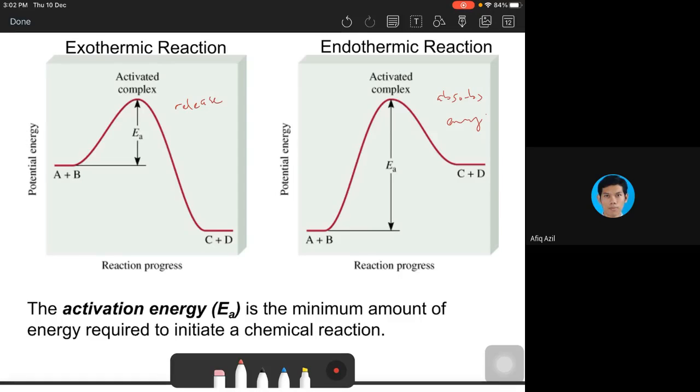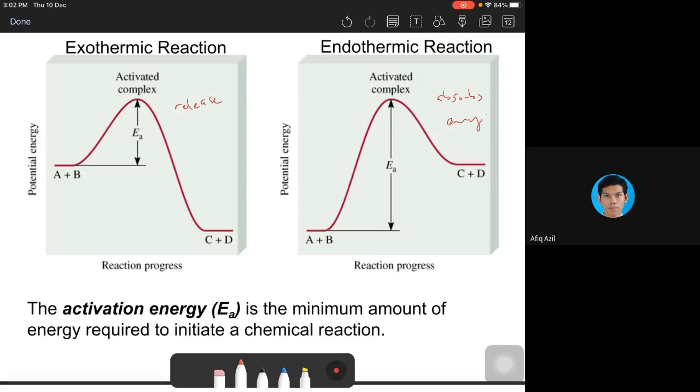So in real life, if you are doing a real life reaction, for example an organic reaction, you can actually determine whether the reaction is exothermic or endothermic based on the reaction condition of that reaction.